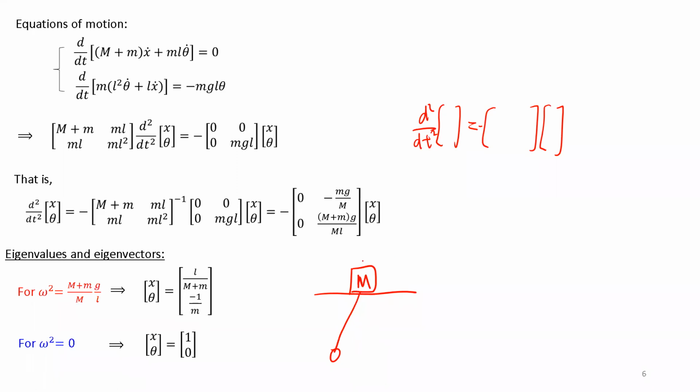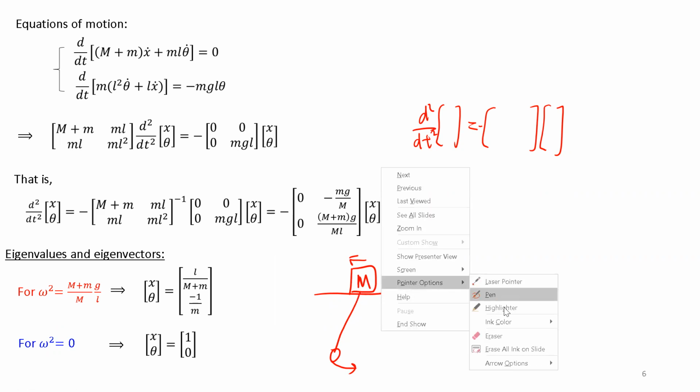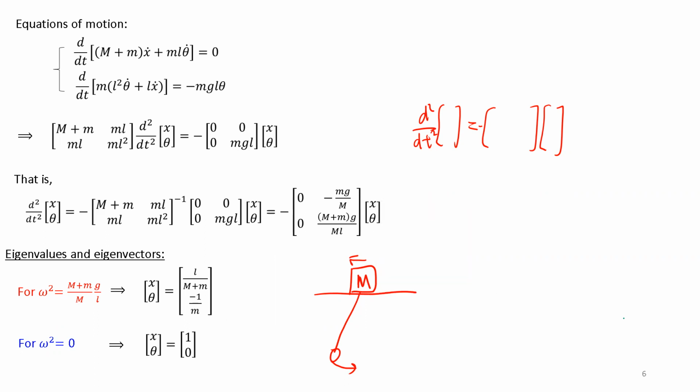When this one is swinging to the right, this one is to the left. You know how it works. Sometime later, maybe the mass is right over here, and the pendulum is right over there, like this.